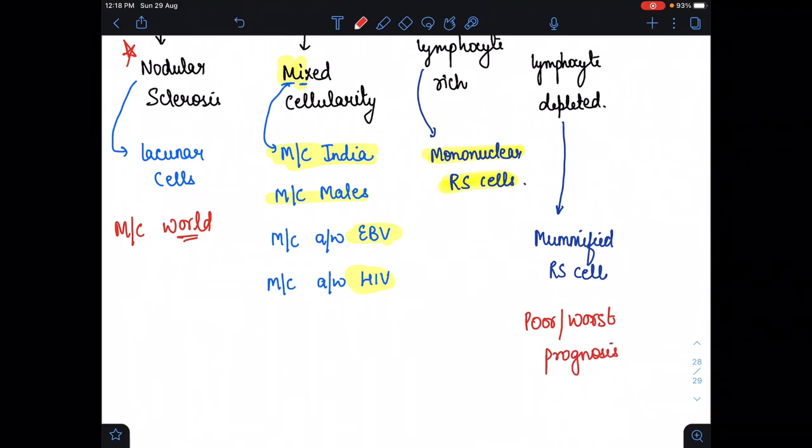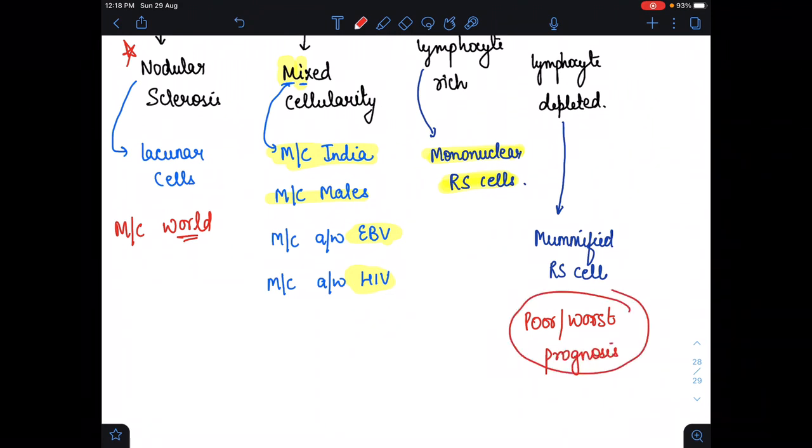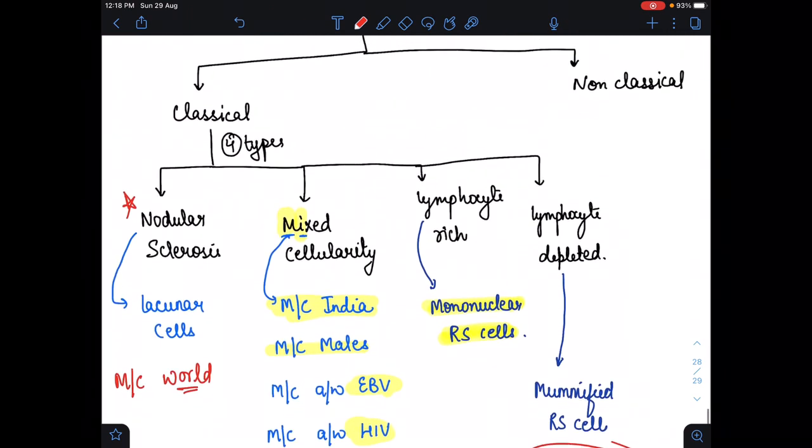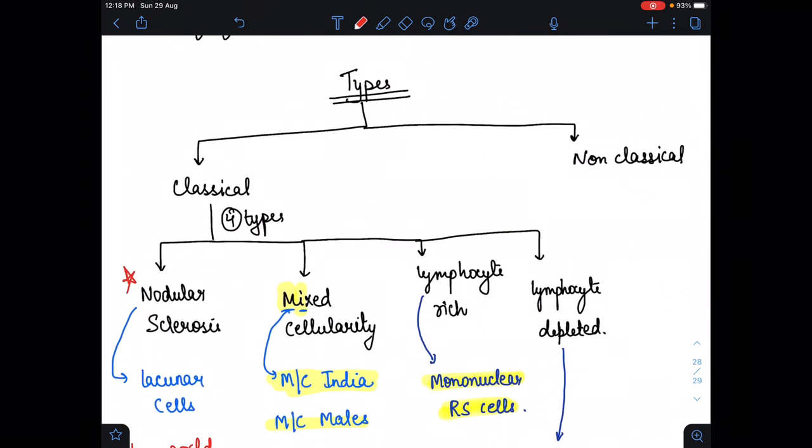So the worst or poor prognosis is of lymphocyte depleted, while the best prognosis is with the non-classical Hodgkin lymphoma.